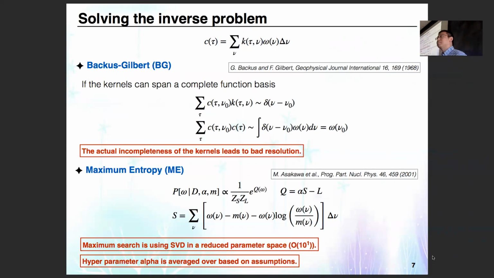Don't you have the marginalization over alpha? Yes. For this, people use several assumptions. They have a function of alpha, the probability of alpha, and they choose several values of alpha around its maximum probability, and then do some averaging.